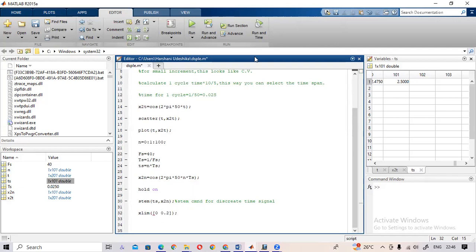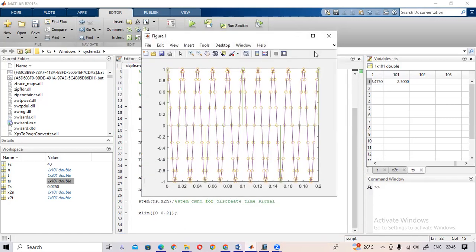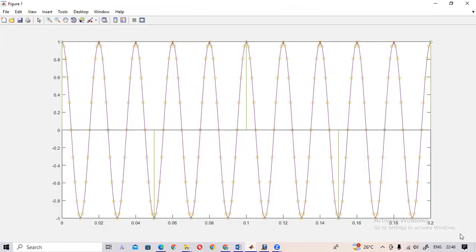So now if I run this, you can see that the x-axis is limited up to 0.2. And now you can see that these are the samples.